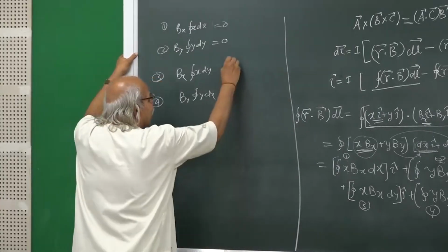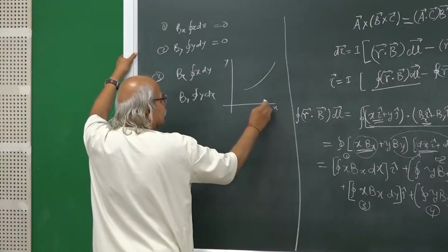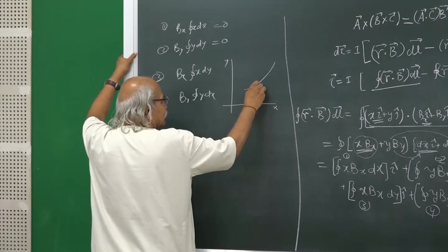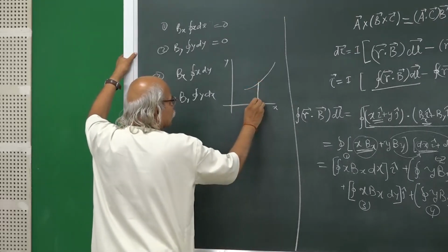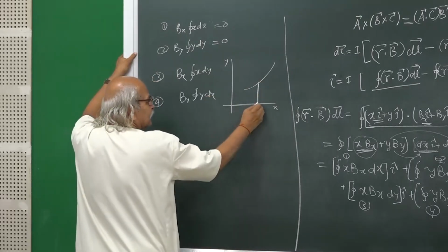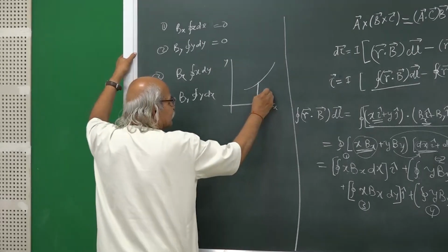If you have a curve, y here and x here, and at this x this is the y, and then you proceed a little bit ahead and this is your dx, and then you reach here.